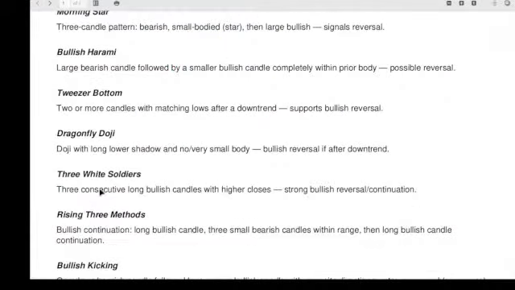So we added more, though there are some, right? I mean, there's only so much that we can detect, but at least we were able to find more. Again, there are so many candlestick patterns out there, so the more we can put in the detector, the better.